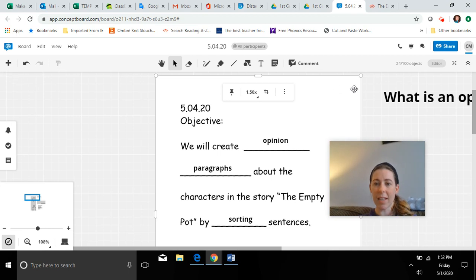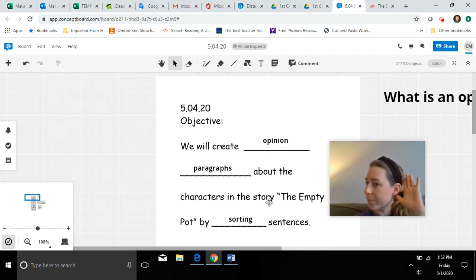Let's try that again, and I want your help this time. We will create opinion paragraphs about the characters in the story, The Empty Pot, by sorting sentences.